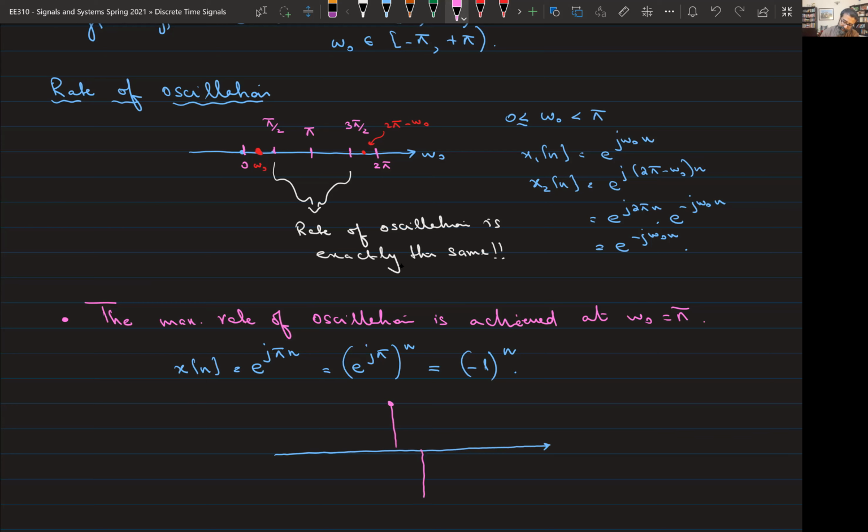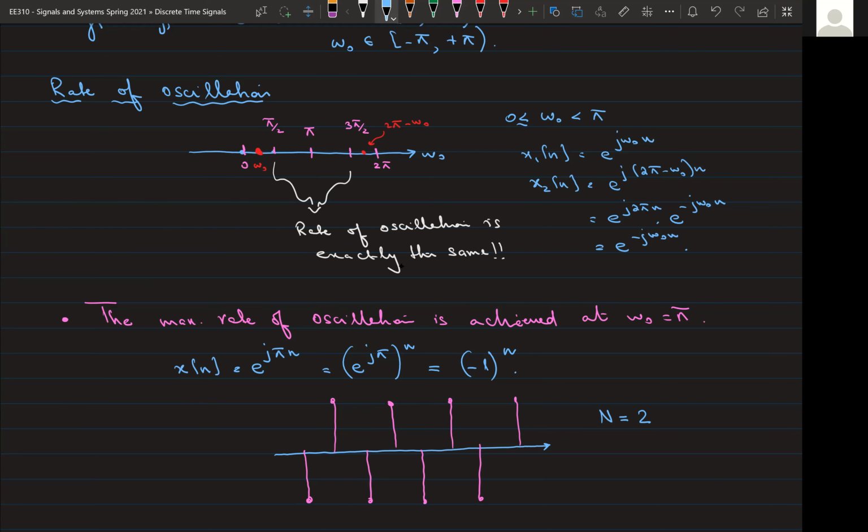It's just an oscillating signal: first this, then this, then this, then this. And this is the maximum rate of oscillation you could get from any signal, because maximum rate of oscillation corresponds to the smallest period. What is the period for this? The period is 2 samples. And you cannot have a smaller period than 2 samples in discrete time. Think about that statement.